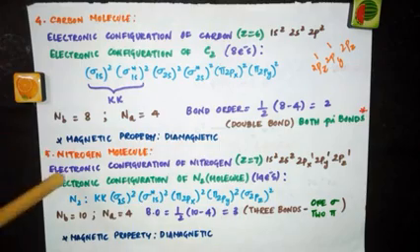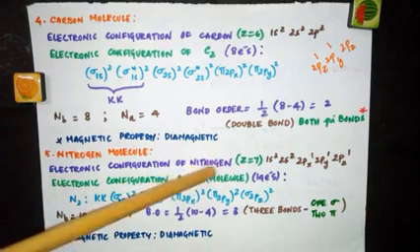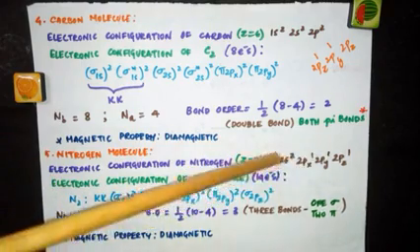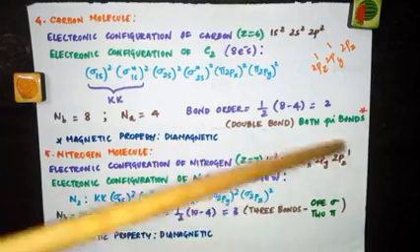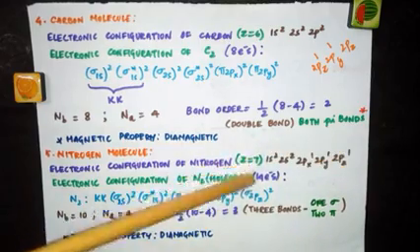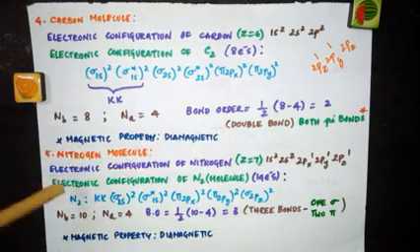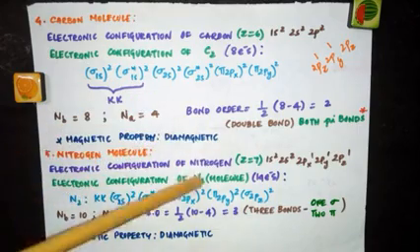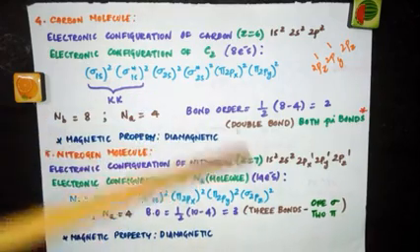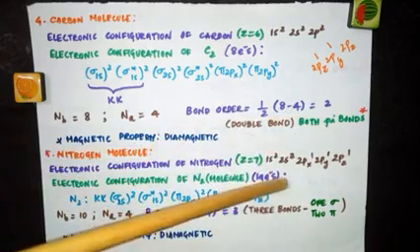The next one is the nitrogen molecule. The electronic configuration of the nitrogen atom is 1s2, 2s2, 2px1, 2py1, 2pz1, because the atomic number is 7. There are 7 electrons. So in the nitrogen molecule, N2, how many electrons will be there? 7 plus 7, 14 electrons.